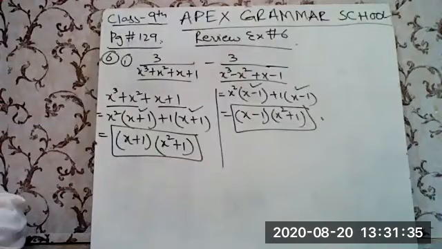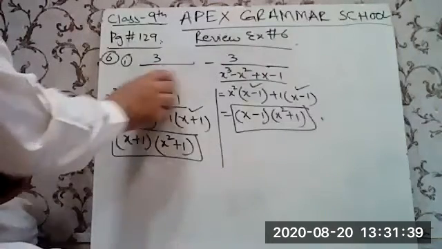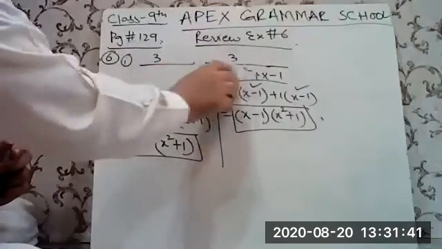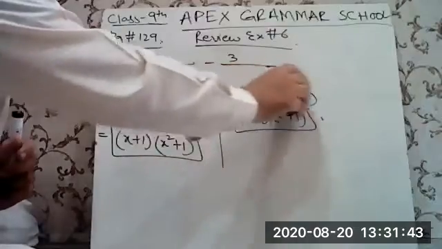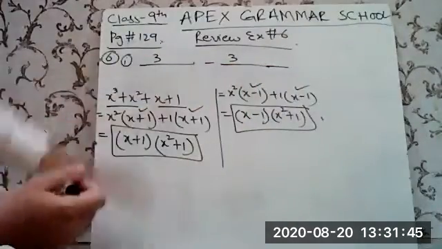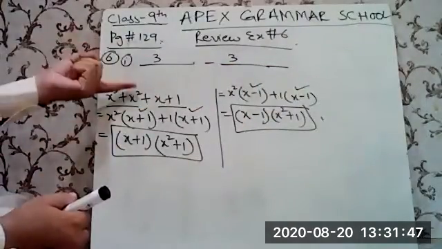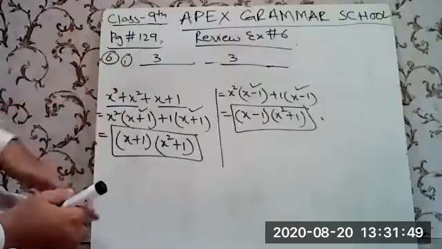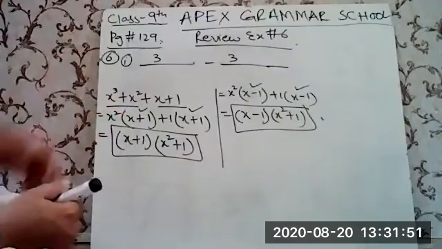Now you can easily see this. I'm just going to replace these expressions just because of some space problem. But this step will be the next step you need to do, which I'm going to do here.